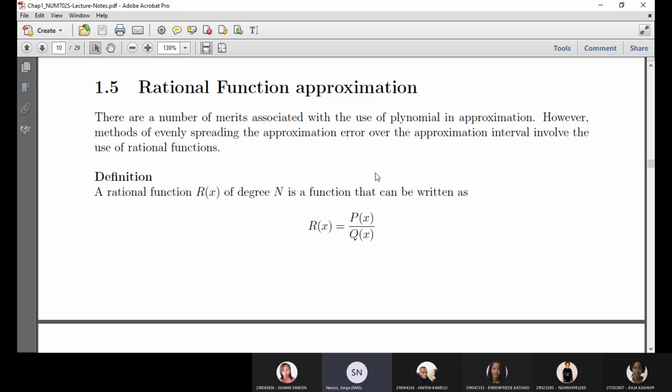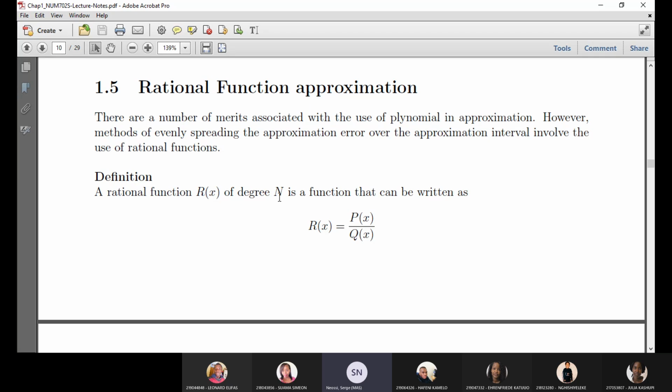ratios of polynomials. So let's start with the definition of what is a rational function. A rational function is denoted here by R(x), which is a function of one variable x being a real number.